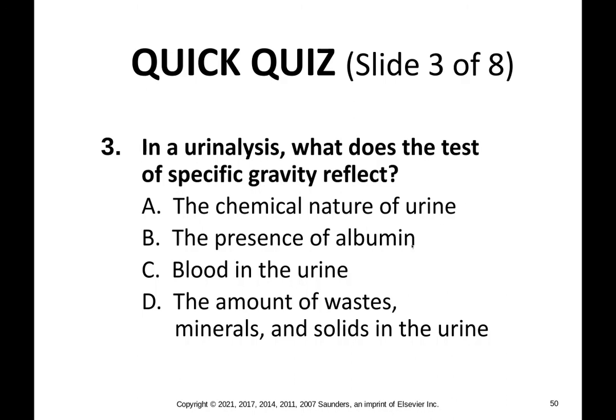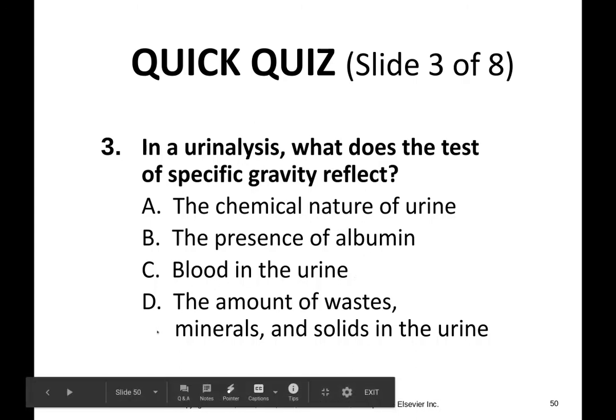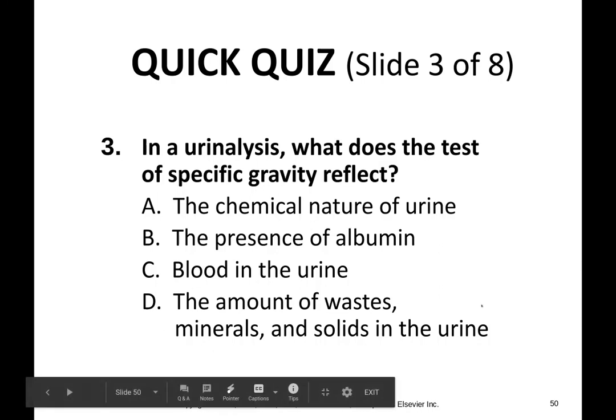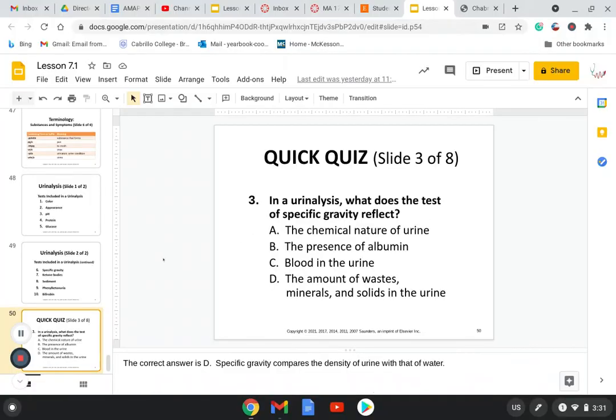Chemical, albumin, blood. So these are all things that we measure separately in the urinalysis. We also measure for the presence of blood, albumin. So it's the amount of wastes, minerals, and solids in the urine. So actual solids as opposed to liquids. Okay, so that's the end of lesson 7.1.